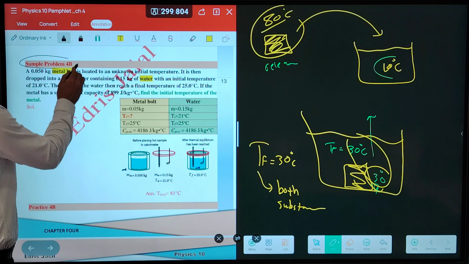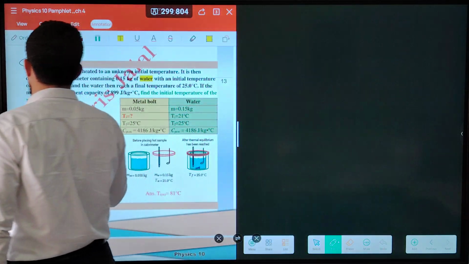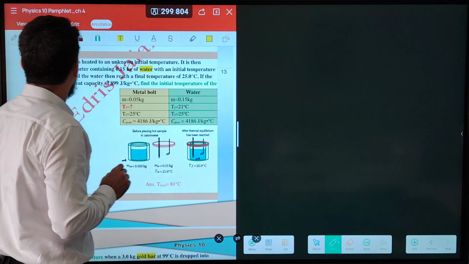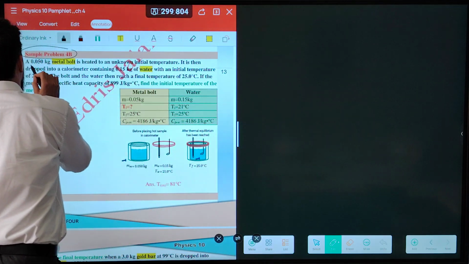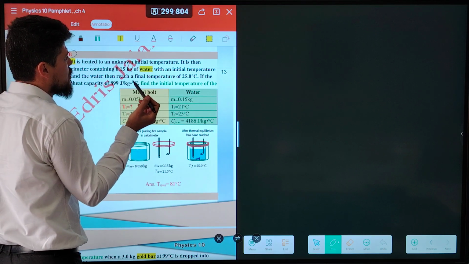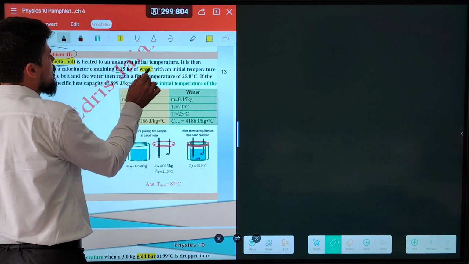Sample problem 4b, look at this sample problem. The question says a 0.05 kilogram metal bolt, so this is the mass of the metal bolt, is heated to an unknown initial temperature. It's then dropped into a calorimeter containing 0.15 kilogram of water.